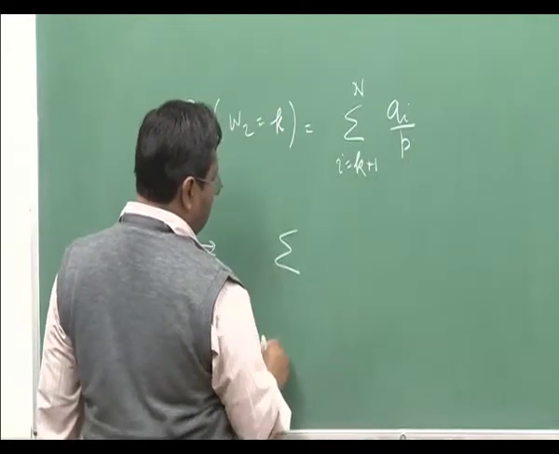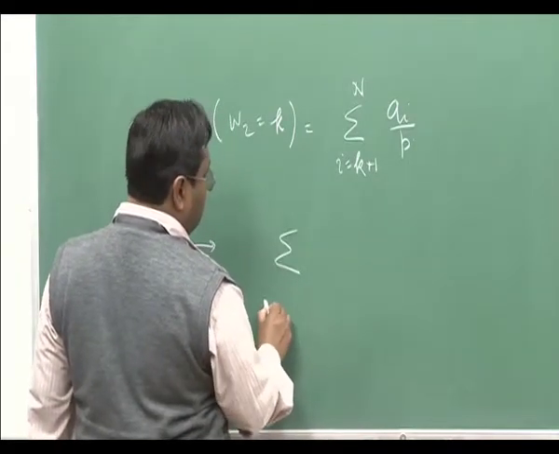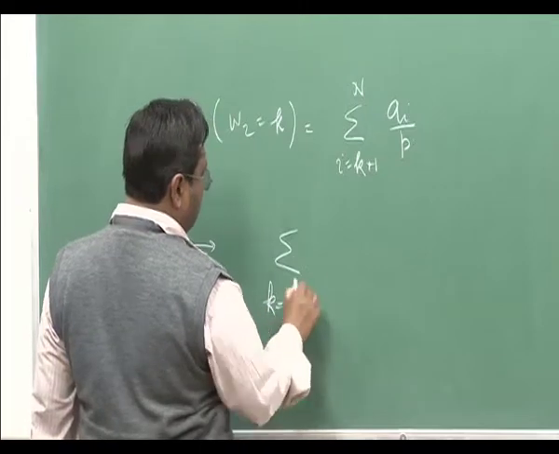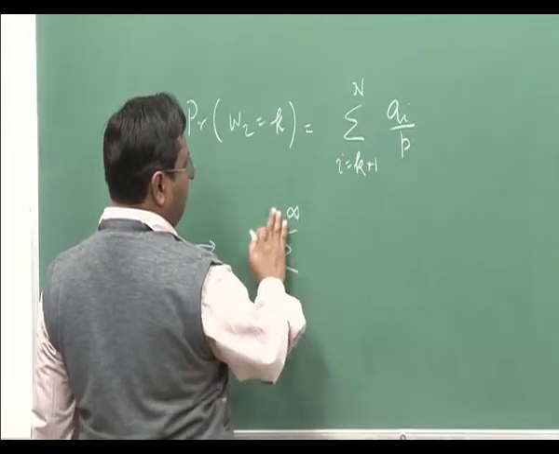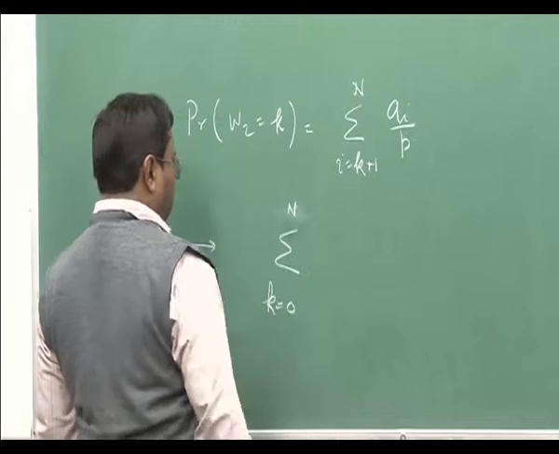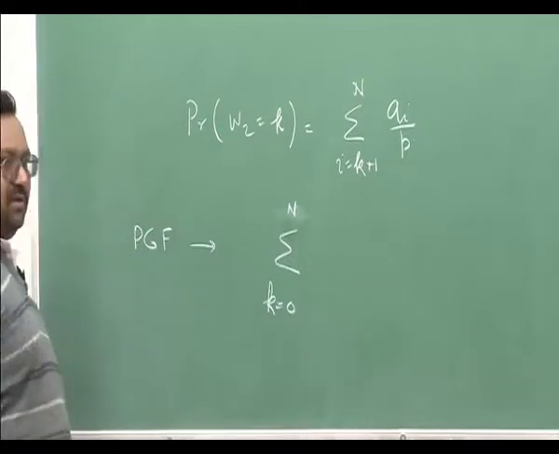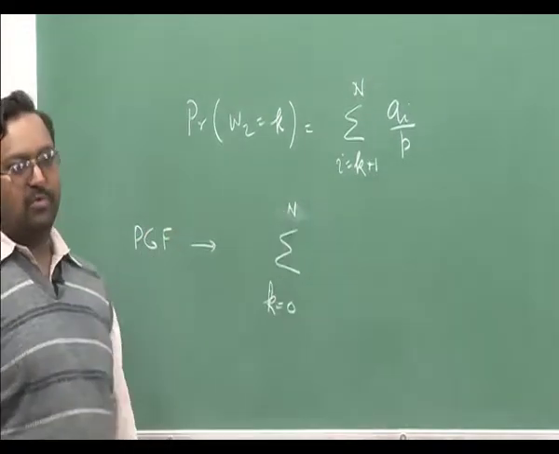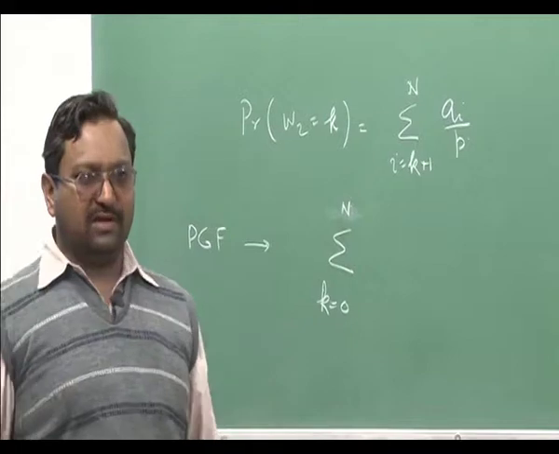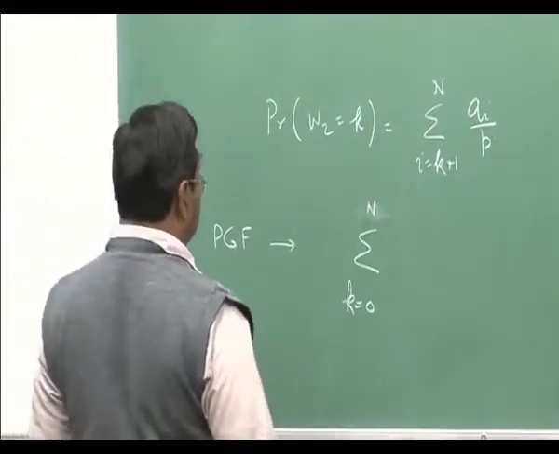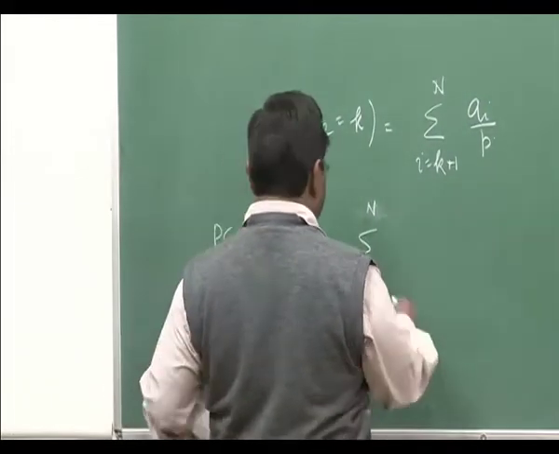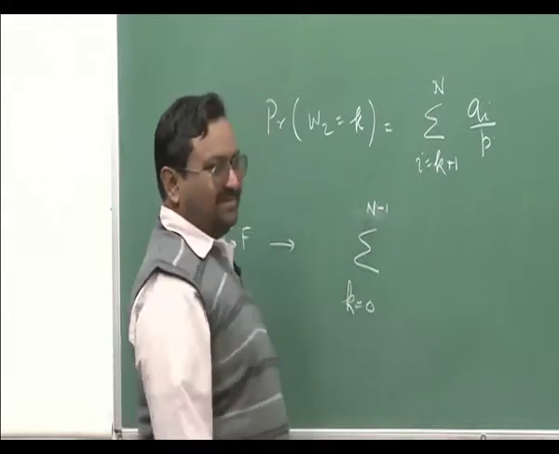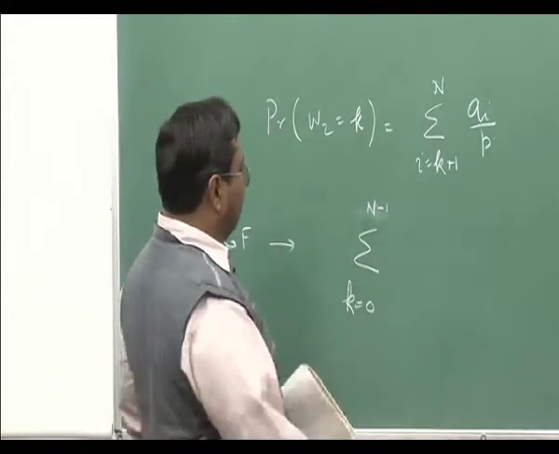So I have to just do the summation for k going from 0 to n minus 1, because that's the maximum possible. Your W2 delay cannot be more than n minus 1, because your batch size cannot be more than n. So the maximum delay you will get is n minus 1. It's not n but n minus 1.